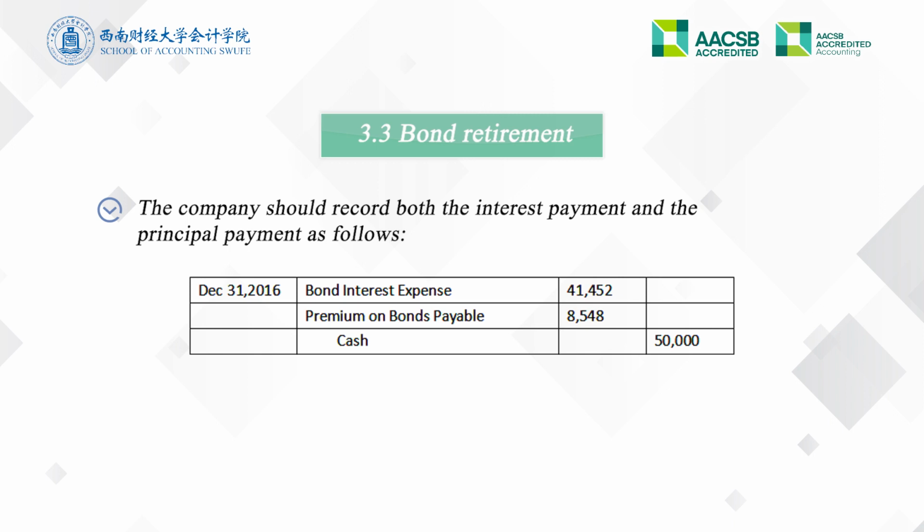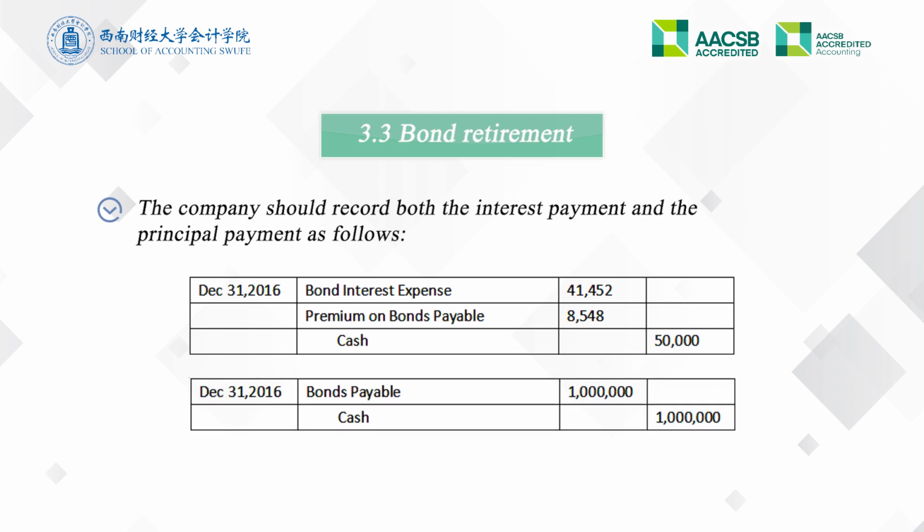Debit premium on bonds payable 8,548 yuan. Credit cash 50,000 yuan. December 31st, 2016, debit bonds payable 1 million yuan. Credit cash 1 million yuan.